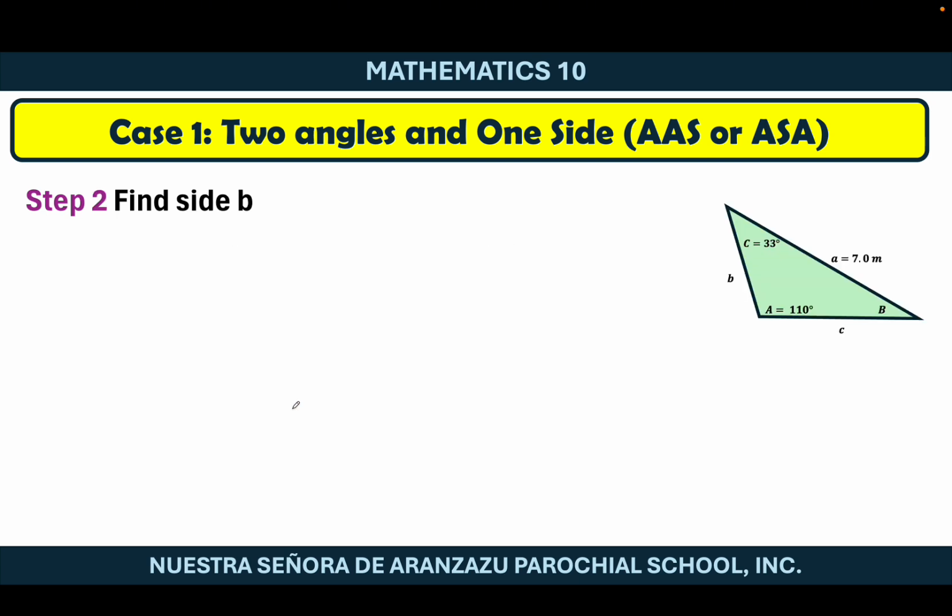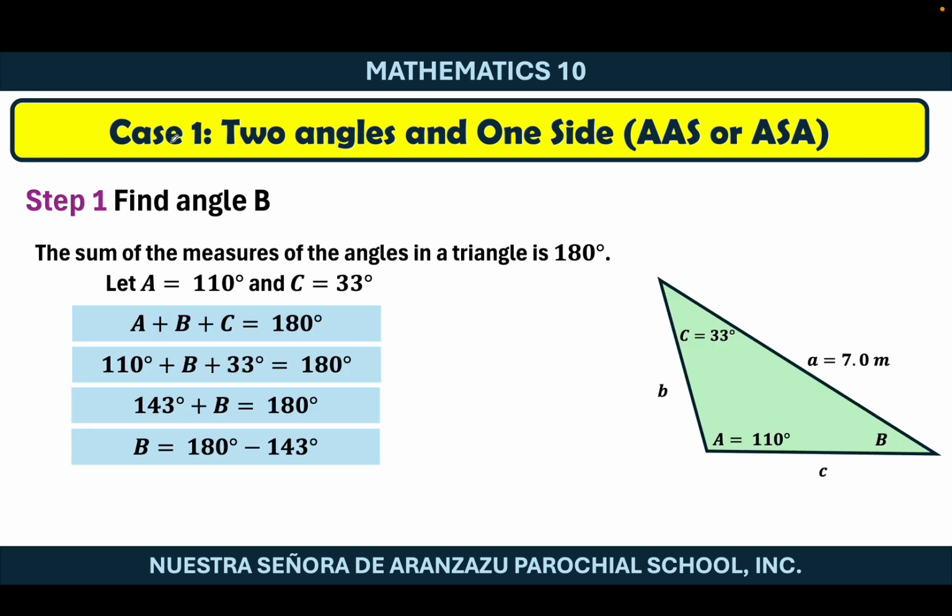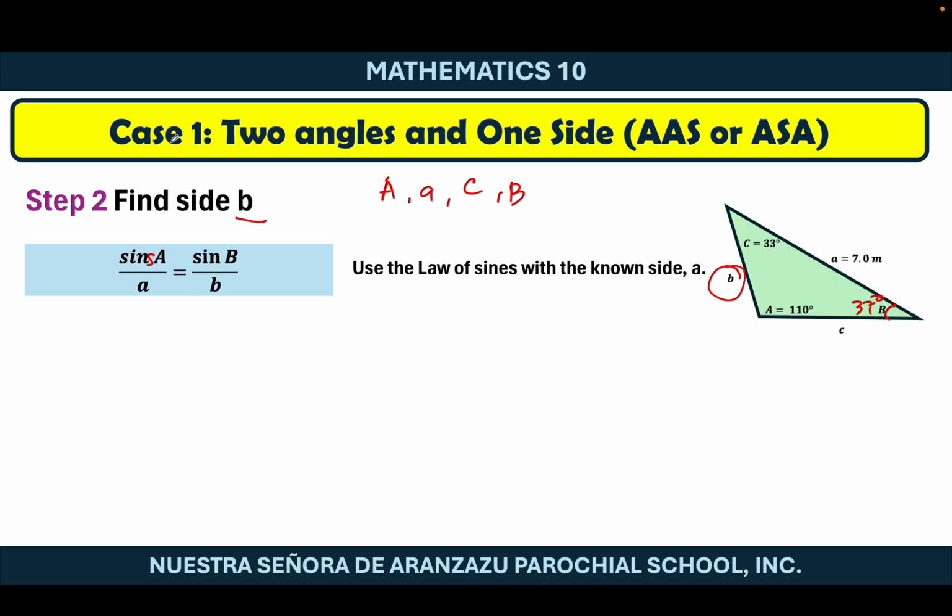Now, the second step is to solve for the side b. We are given A and C, and we already have our B, which is 37. Since we are looking for side b, which sine law will we use? We can use the ratio sine A over a is equal to sine B over b.